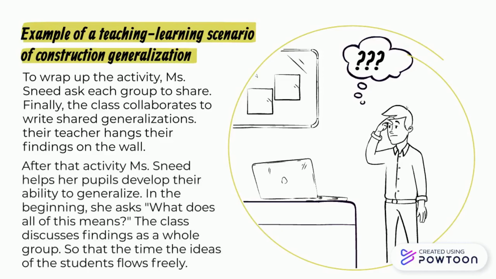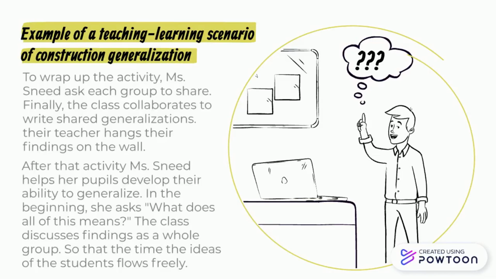After that activity, Miss Need helps her pupils develop their ability to generalize. In the beginning, she asks, "What does all of this mean?" The class discusses findings as a whole group, so that the ideas of the students flow freely.